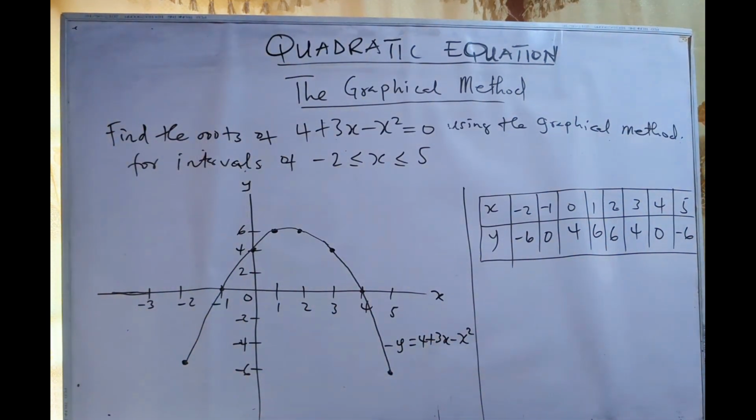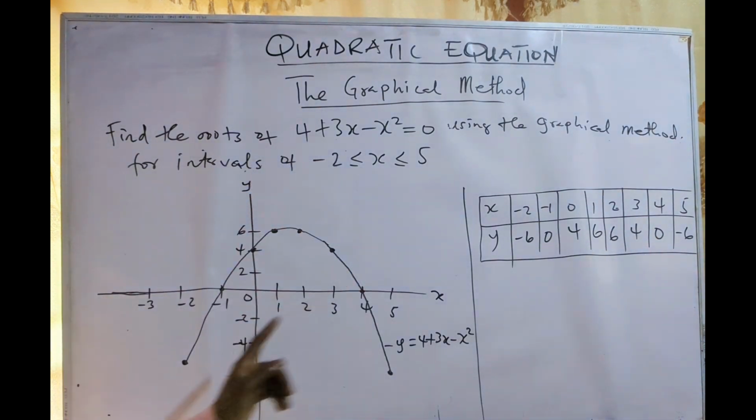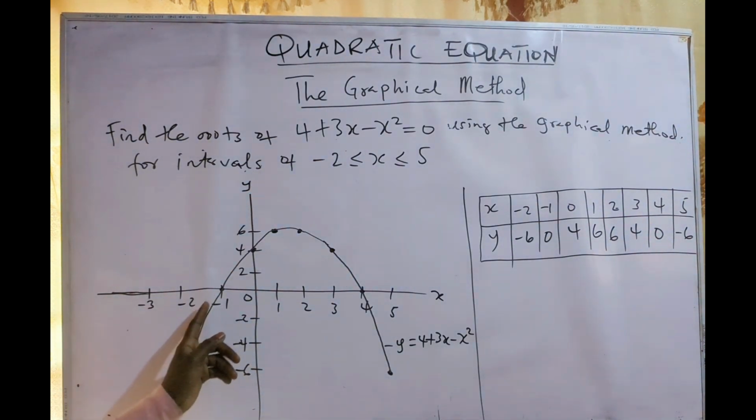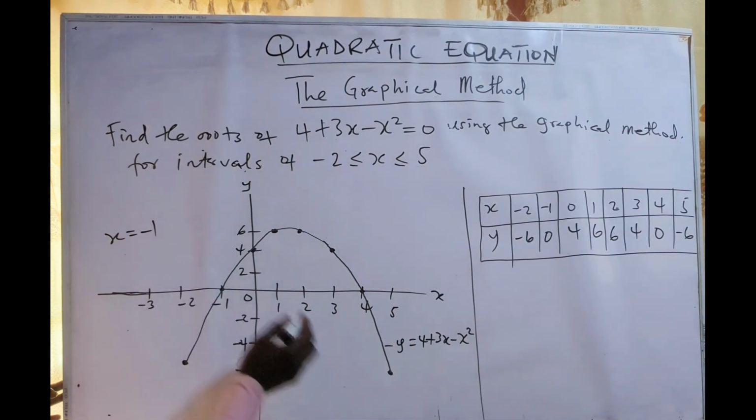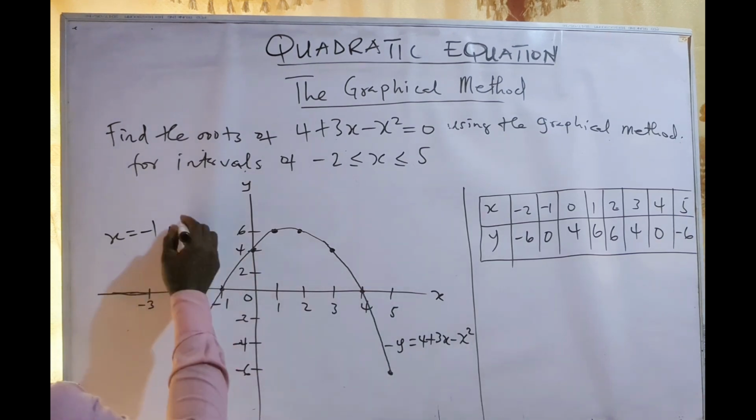Okay, so now let's see the root of the equation, or the root of the quadratic equation. So the root is where the curve touches the x-axis. So the curve is touching the x-axis where x is what? -1, and then x is what? Is 4.